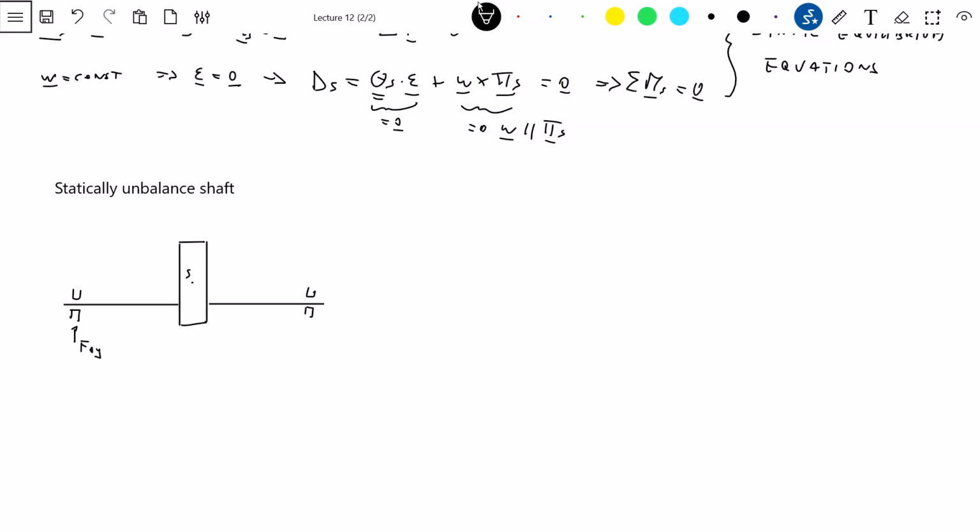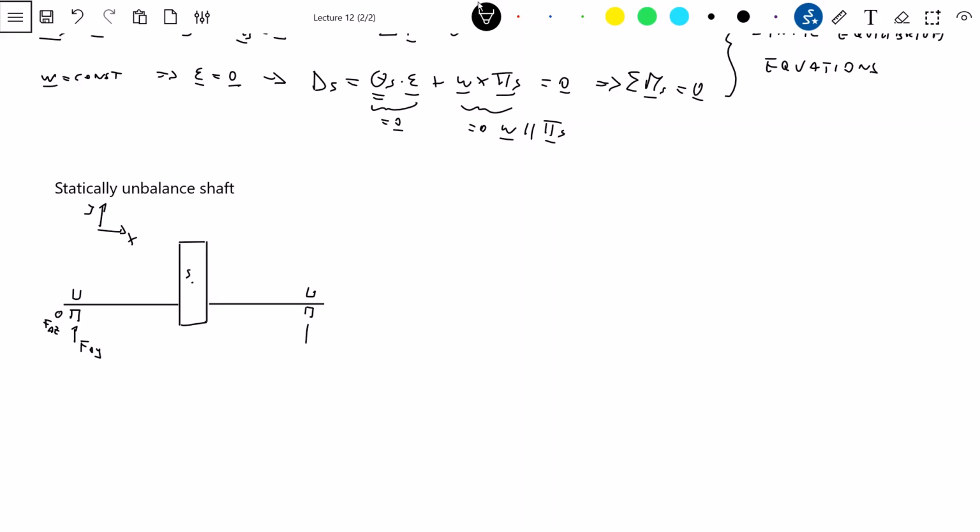and here we have F_AY. The reference frame is as before, X, Y, Z going out of the page, and here we have F_AY and F_AZ.